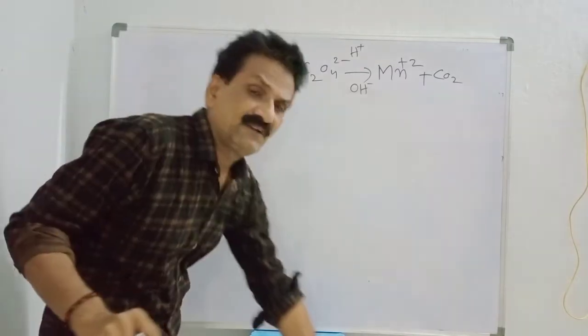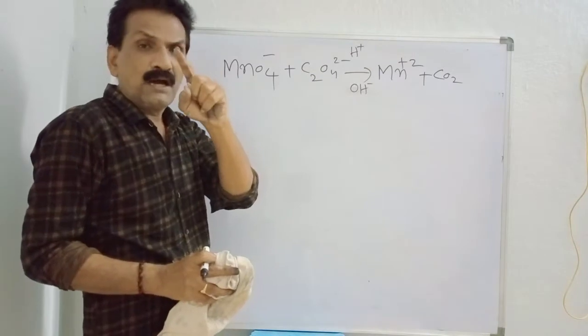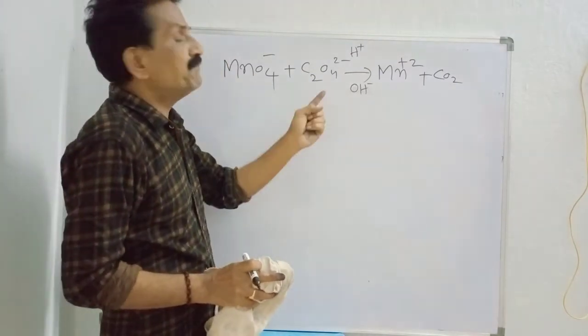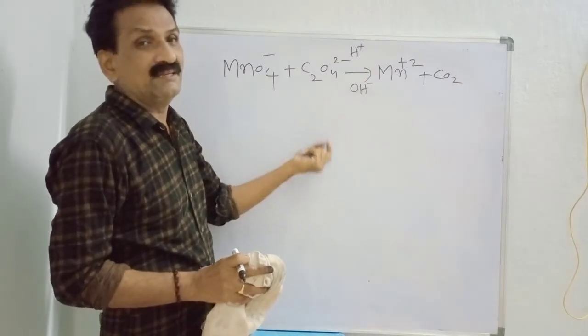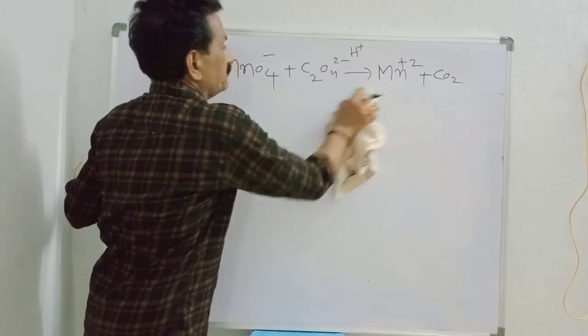This is a guarantee question, either acidic medium or basic medium. I have already uploaded a video for basic medium. Again people are asking me to send acidic medium videos, sir. So I am going to give acidic medium.